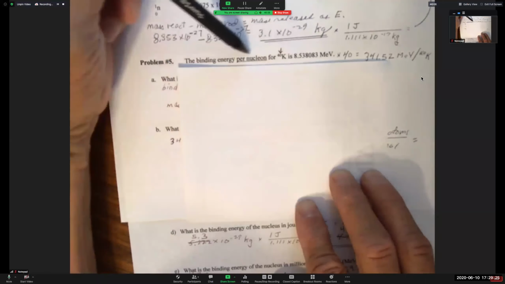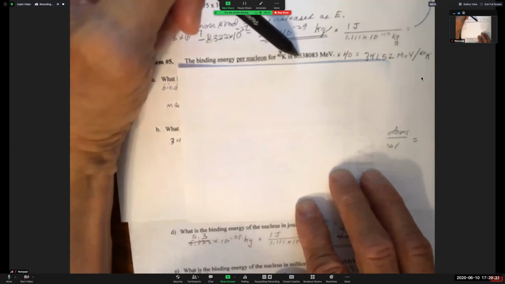To find the total binding energy in the nucleus, you multiply 8.538 times 40. That's what I've done here. And I get the total binding energy for a potassium-40 atom: 341.52 million electron volts per each potassium-40 atom.